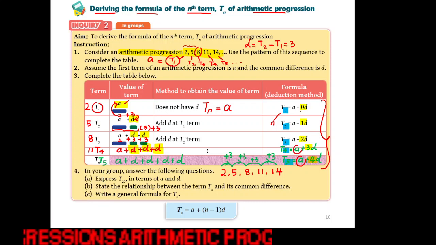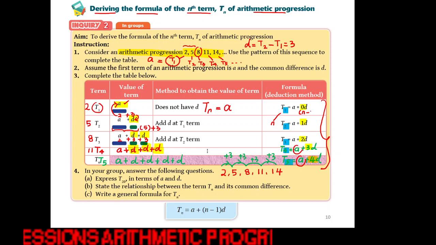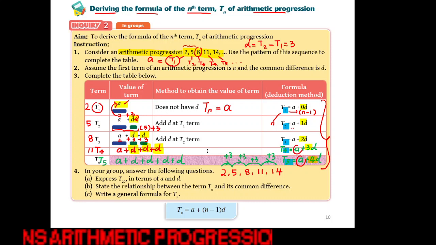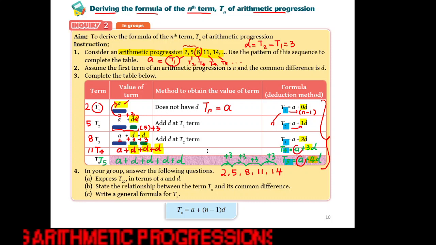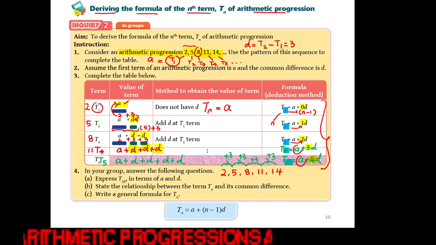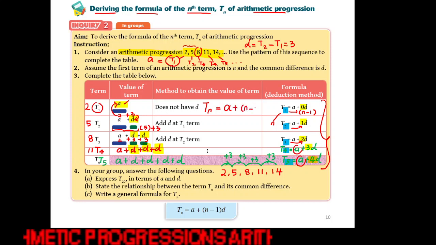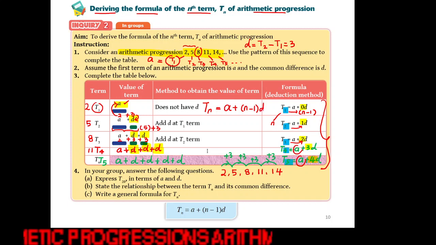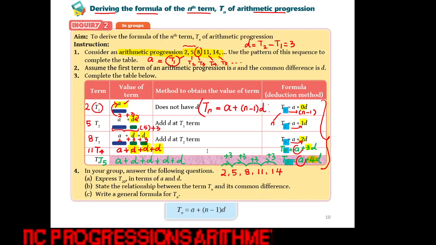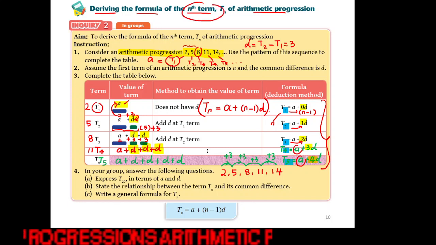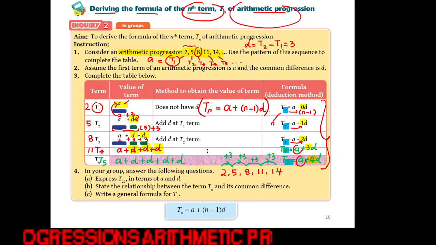Yes, it's actually n minus 1, whereby 0 is actually 1 minus 1. 1 is actually 2 minus 1. 2 is actually 3 minus 1. Thus, we have n minus 1 times D here. This is the formula of the nth term of an arithmetic progression.